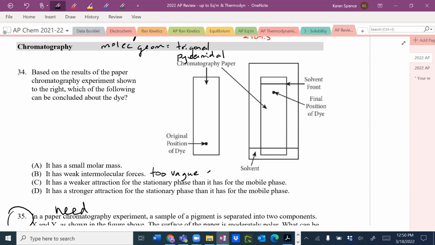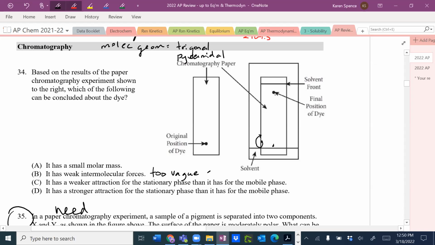It has a weaker attraction for the stationary phase than it has for the mobile phase. So something that is really attracted to the paper as the water moves, let's say the water moves this far, if the substance is moving and it's attracted to the stationary phase, it's not going to move as far. And the more attracted to the stationary phase, the more time it spends just sitting still, because it's bonded to the paper.